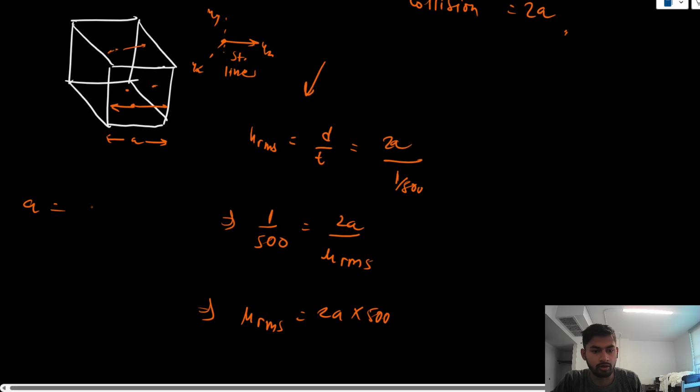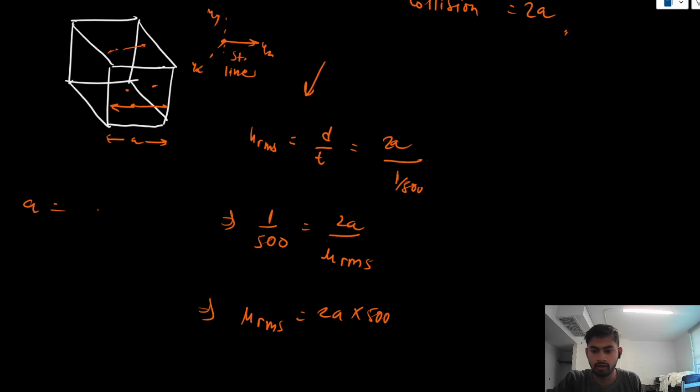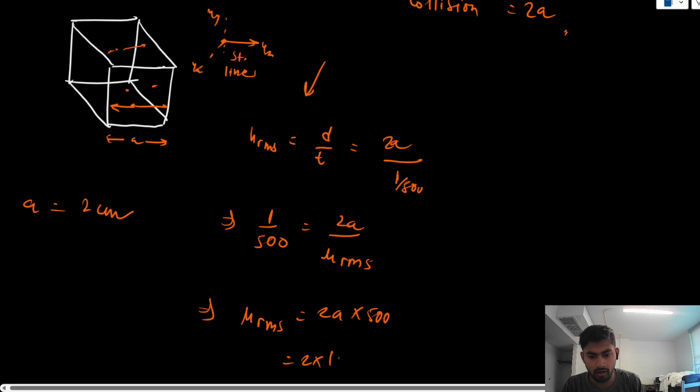Assuming a is equal to, say, 2 centimeters in this problem, then times 0.02 times 500, right?